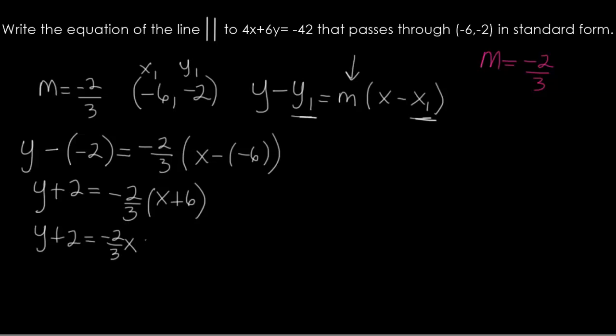So I have a positive 6 times a negative 2 thirds. y plus 2 equals negative 2 over 3x, and let's simplify that. That would be negative 12 over 3.